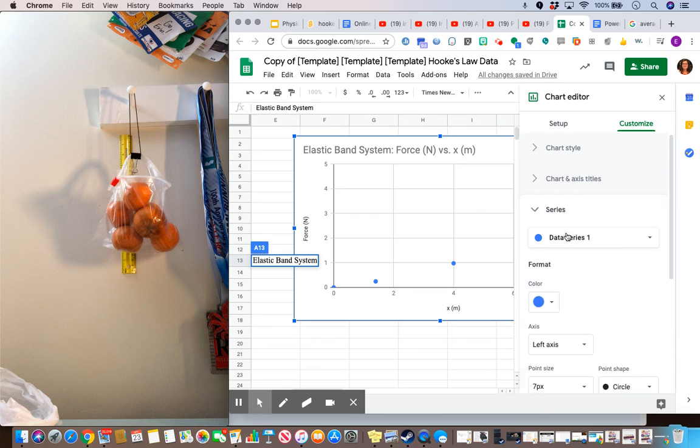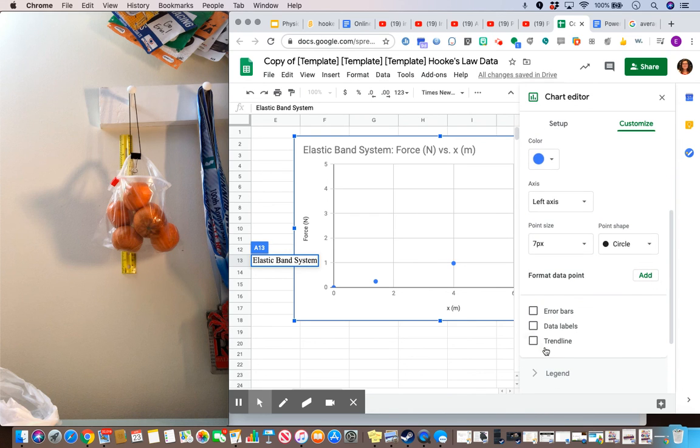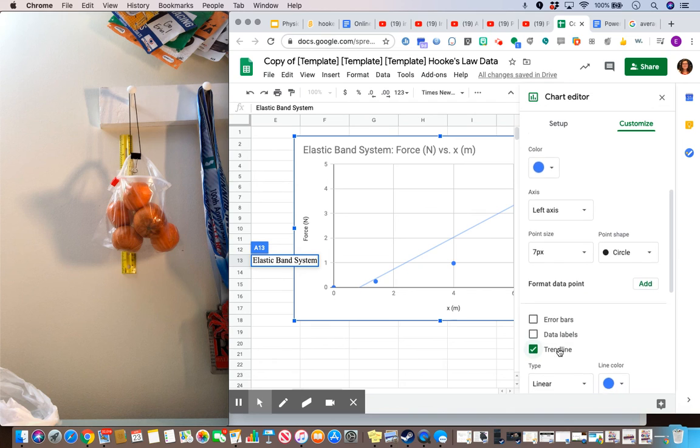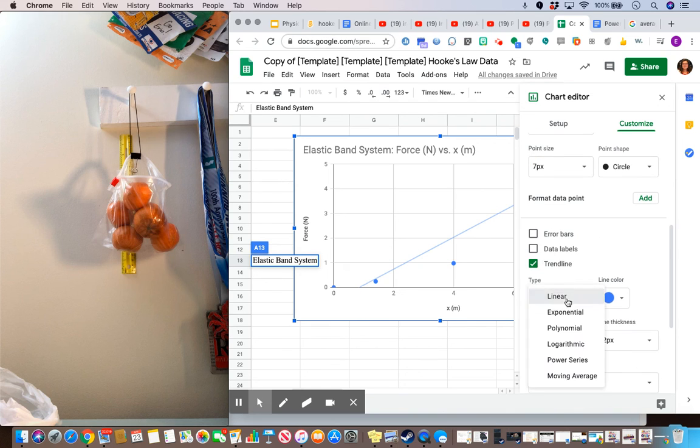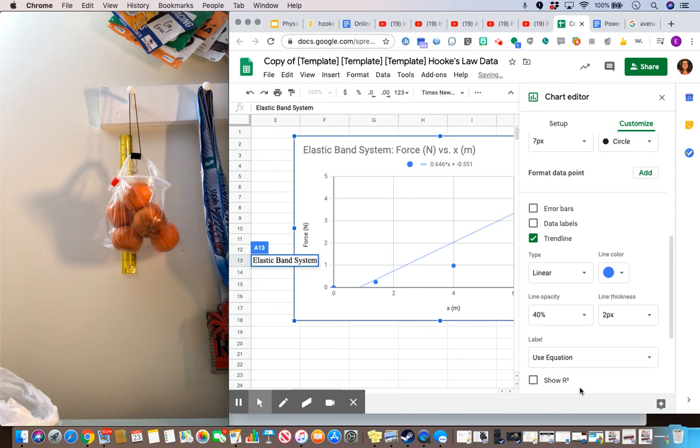To get a trend line, you go to Series, Trend Line. To add an equation of the line, under Label, you click Use Equation.